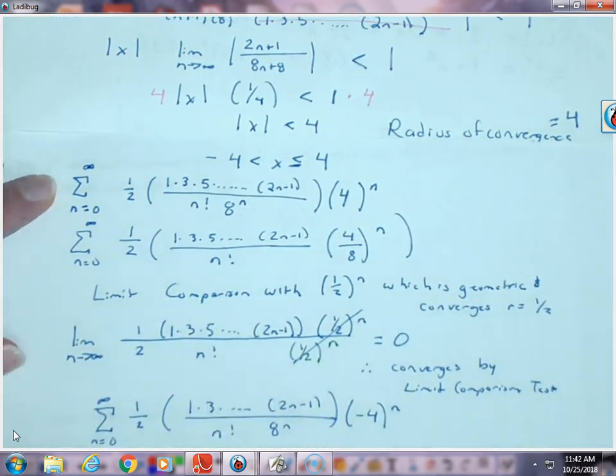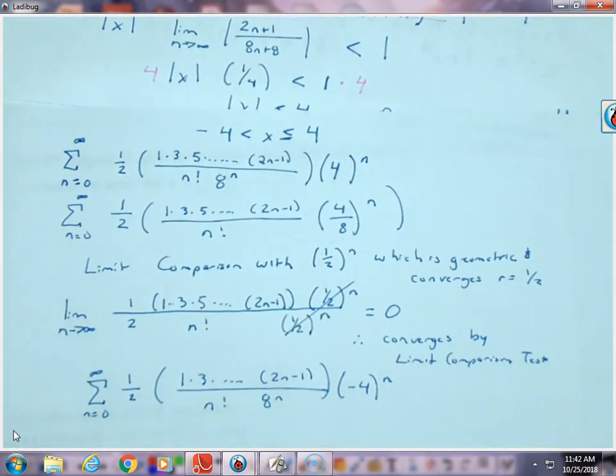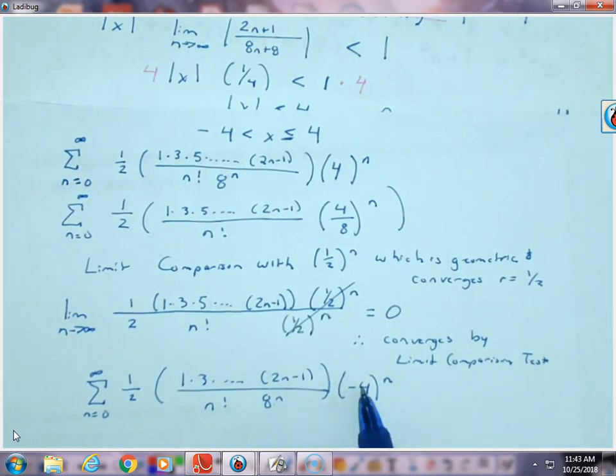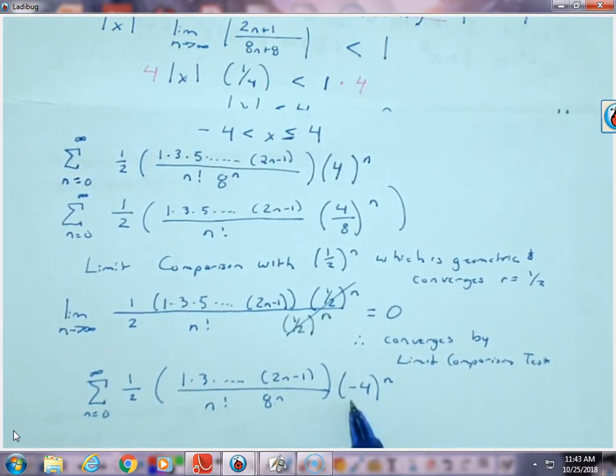What kind of convergence do I have? I have absolute convergence. Okay, so this is the same thing, only alternating because it's negative 4/8 to the n.